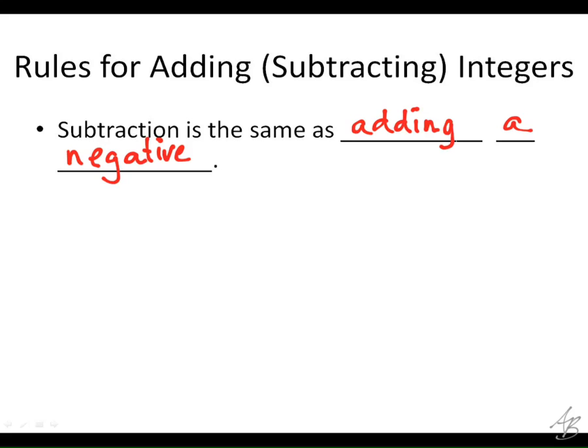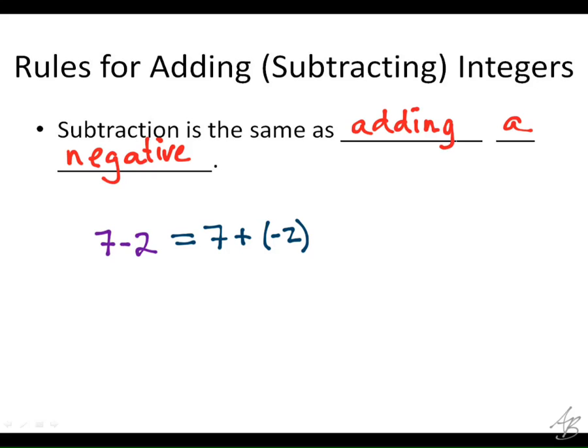So this is an important rule because if we think about things like this, well, let's just say 7 minus 2. It tells us that this 2 is really not a positive 2, but it's a negative 2. All right? So this problem right here means the same thing as 7 plus negative 2.